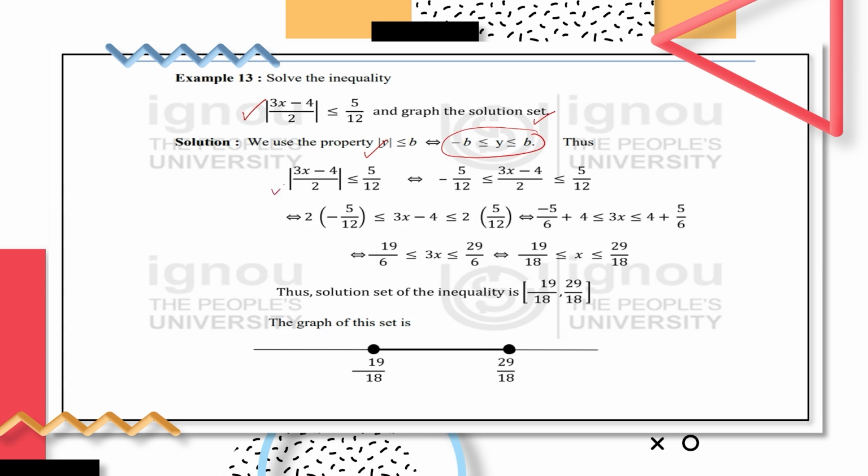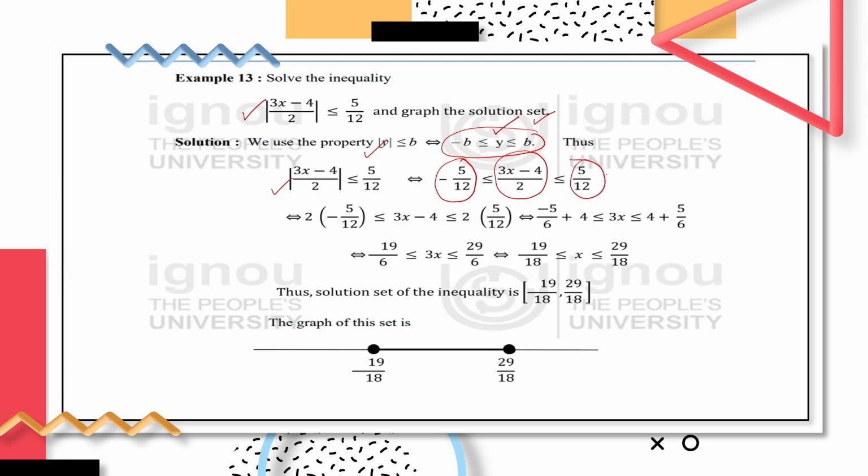So the value of (3x minus 4) by 2 is to lie in the interval from minus 5 by 12 to 5 by 12, recalling this property.